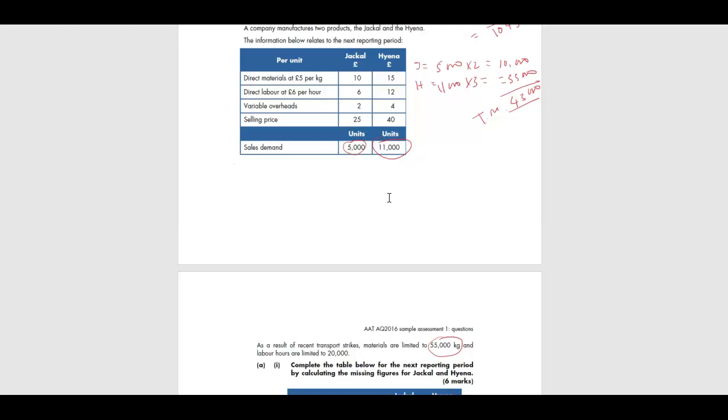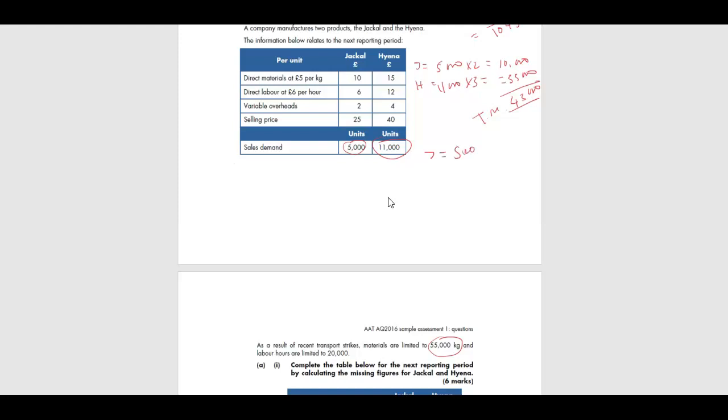The next question we have is the labor. Let's have a look at what happened to the labor. For J, 5,000 units, we need 1 hour each, so that gives me 5,000 hours.